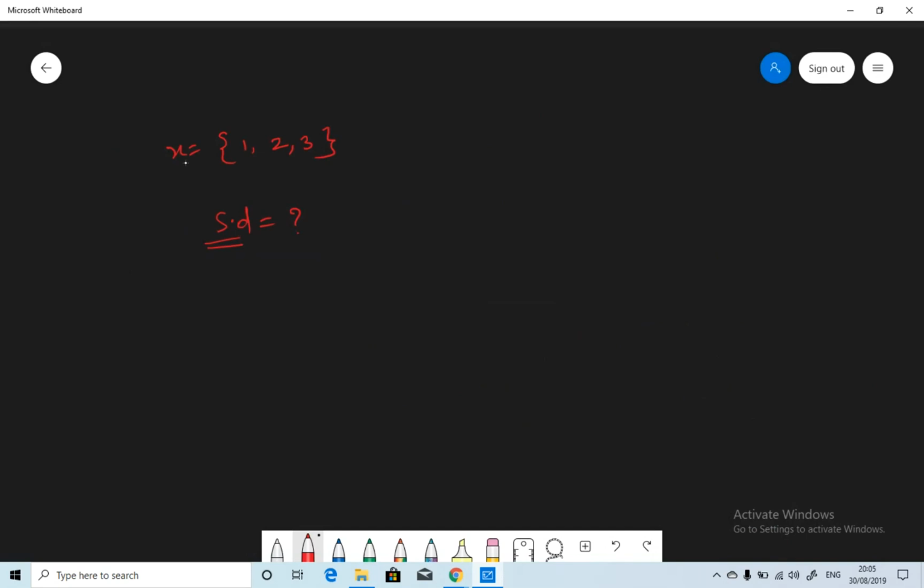First, what we need to do? X bar. X bar will be what? 2. So we need to do x minus x bar, and then (x minus x bar) whole square, and then substitute in the formula. x minus x bar will be minus 1, 0, 1. This also will become 1, 0, 1.